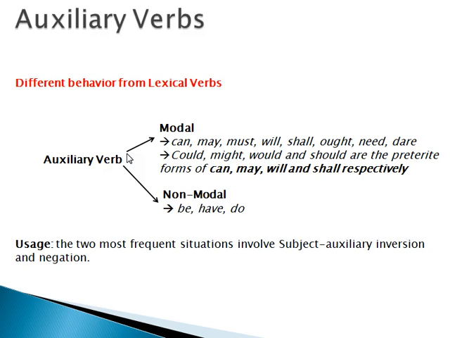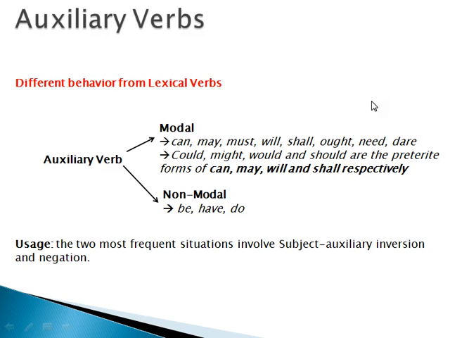So these verbs are called modals because they have the ability to modalize the clause. Can, may, must, will, shall, ought to, need, dare. And their past tenses could, might, would, should, which are the preterite forms of can, may, will, etc. Okay?